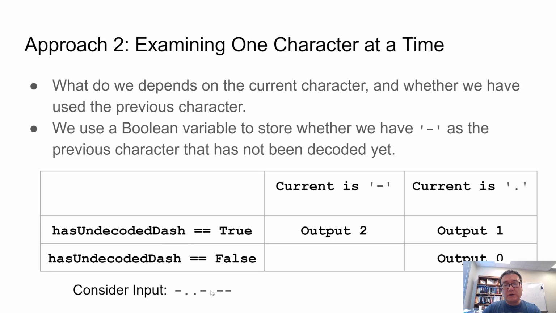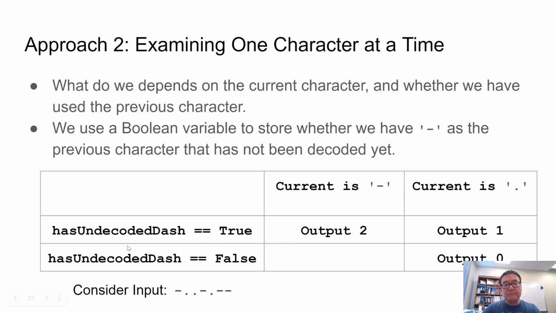When we look at this one, because has undecoded dash is true, we will output 1. And then the next dash will make us set has undecoded dash again to true. Then the next one will output 2. So in this table, I specified what we are going to output given these two pieces of information.